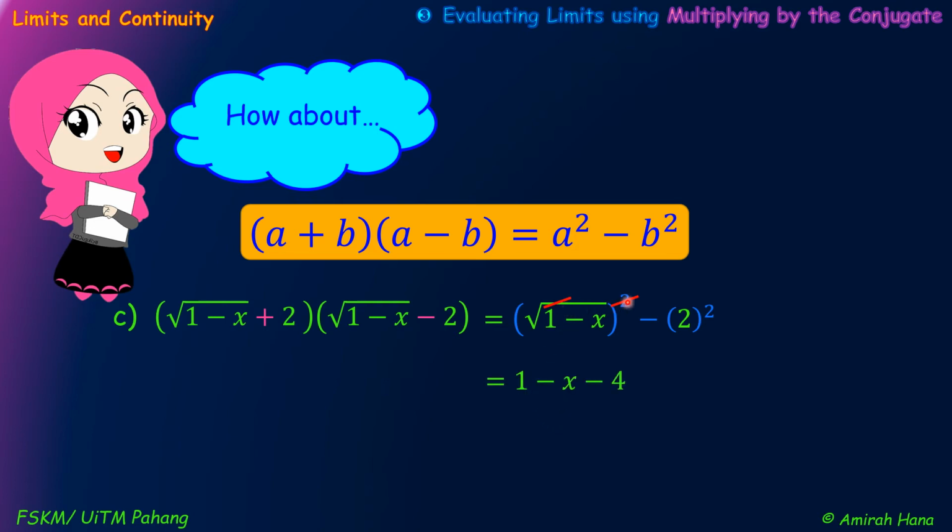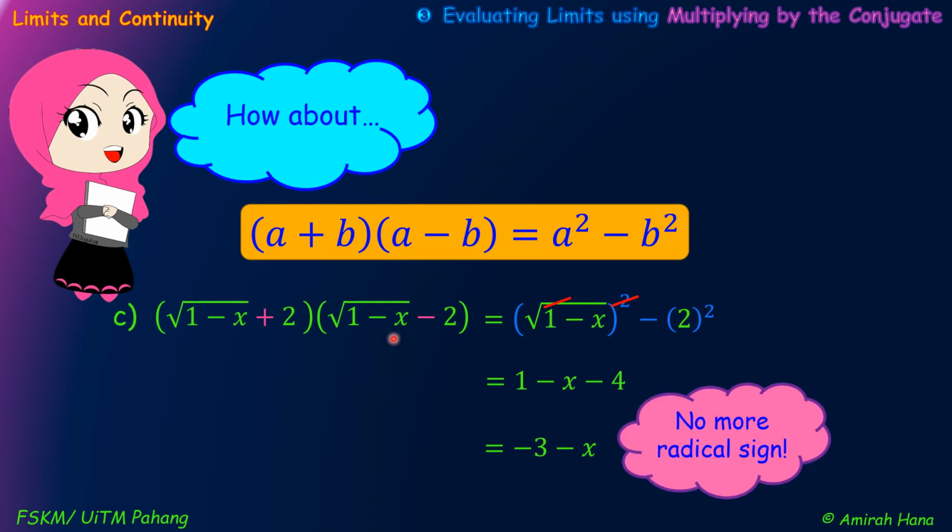After we simplify, we get 1 minus x, and then 2 squared equals 4, so we get minus 4 here. Then we simplify, so we get 1 minus 4 equals negative 3, and then minus x. From here, you can see that there is no more radical sign if we multiply with the conjugate. Got it?